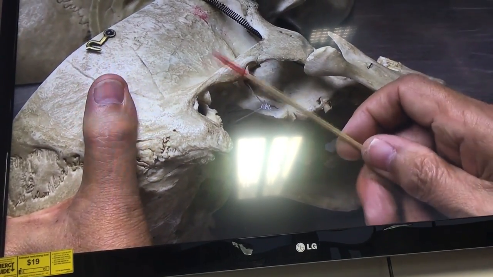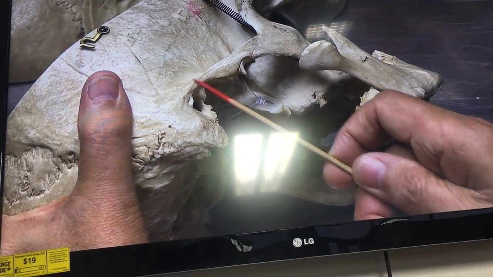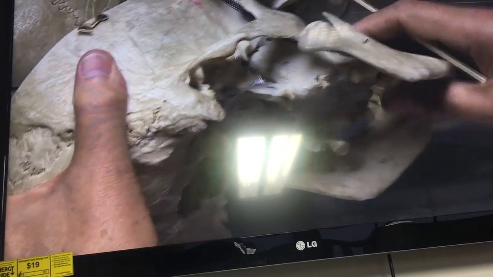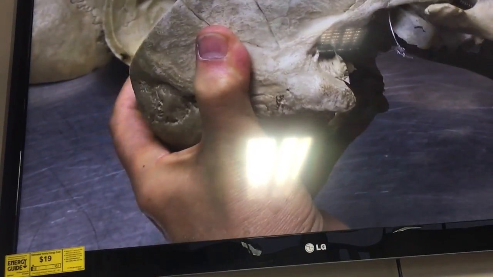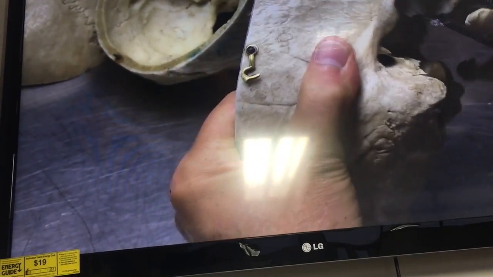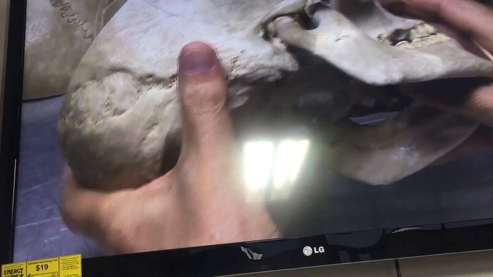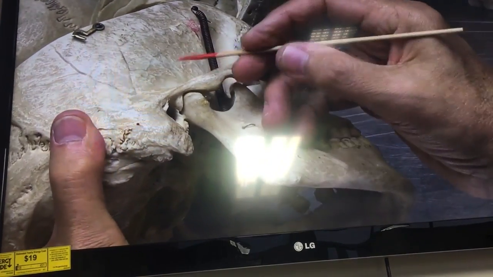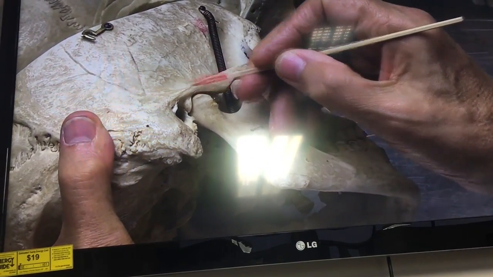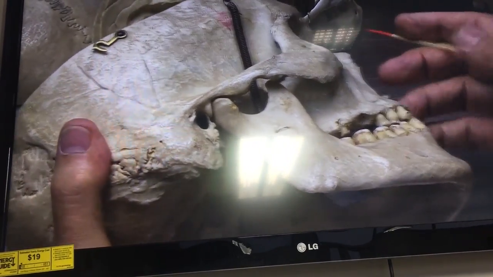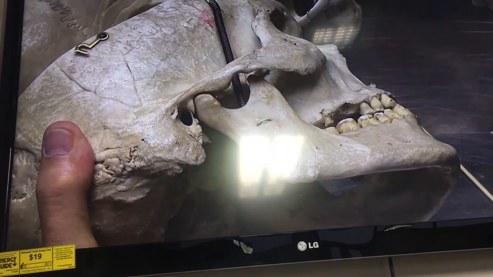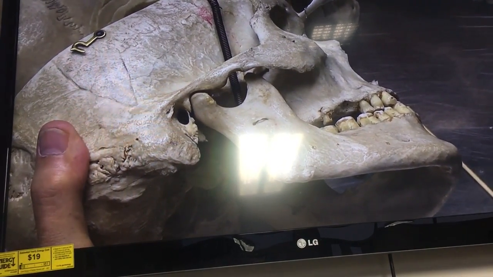A nerve comes out there and runs right up here, along with the superficial temporal artery. If you put your finger right in front of the tragus, you feel the temporal pulse at that point.